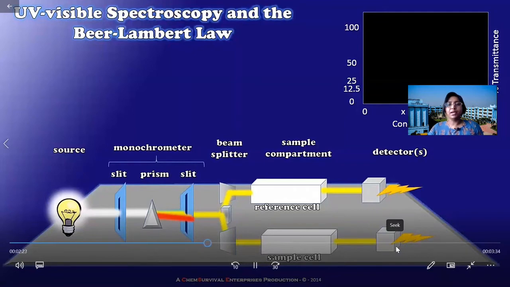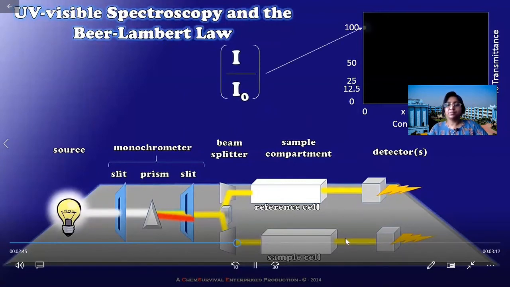So what will be the intensity? Assume the intensity for the reference is I0, and for the sample is I. If we take the ratio, initially we get 100, that means the transmission is 100%.